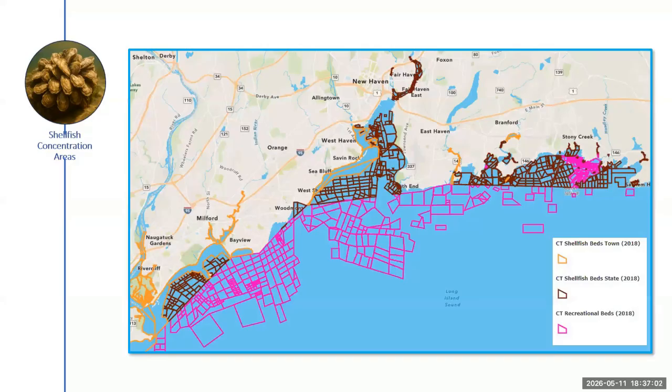And so this map shows some of our shellfish areas along the coast. So town and state and recreational shellfish beds.